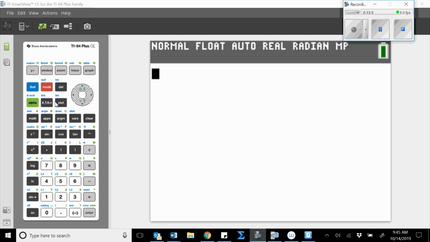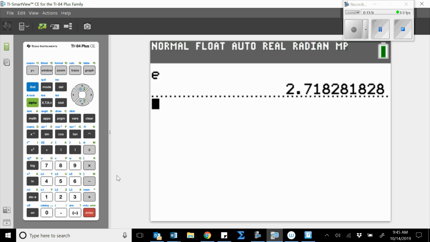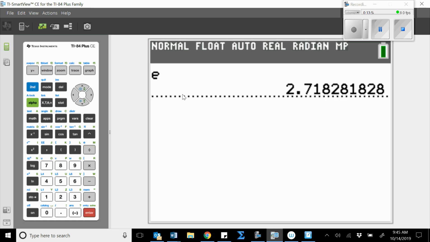On your calculator, you can see a button defined for e. On the division key, you can see a small blue e. To access that, you press second, division, and that's e, which, if I press enter, gives you the decimal value of 2.7 something.